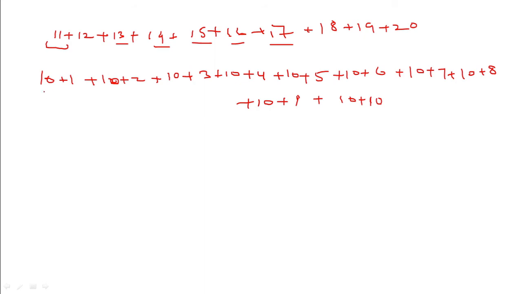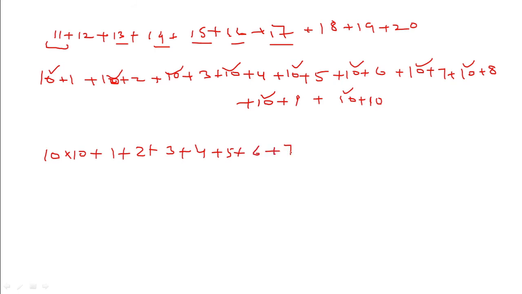Okay. So how many tens? 1 ten, 2 tens, 3 tens, 4 tens, 5 tens, 6 tens, 7 tens, 8 tens, 9 tens, 10 tens. Means 10 into 10. Now what is left? 1 plus 2 plus 3 plus 4 plus 5 plus 6 plus 7 plus 8 plus 9 plus 10.